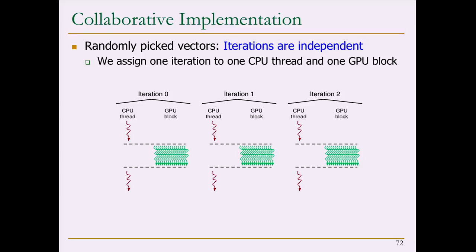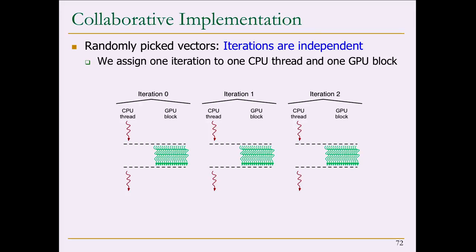As soon as the CPU thread finishes with the generation of the model, with the model fitting, it signals, by using some system-wide atomic operations, the GPU block so that the GPU block starts evaluating the model. And we can get some improvement from doing that.